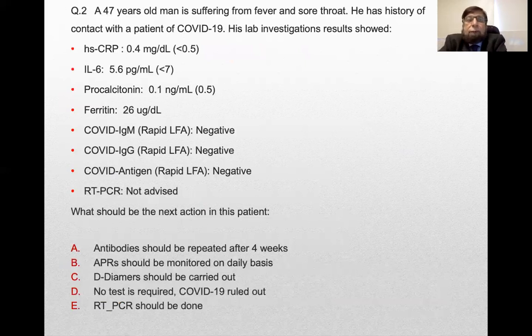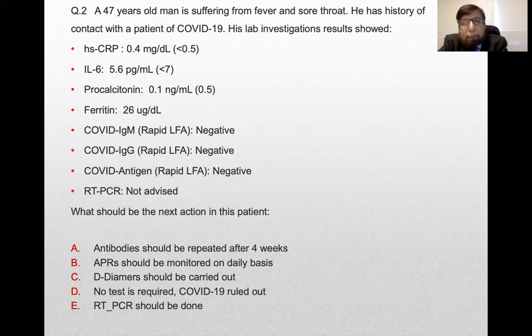Second question: a 47 year old man is suffering from fever and sore throat. He has a history of contact with a patient of COVID-19. His lab investigation results show HSCRP is normal, IL-6 is normal, ferritin is normal, and COVID antibodies are normal, but PCR was not advised in this patient.